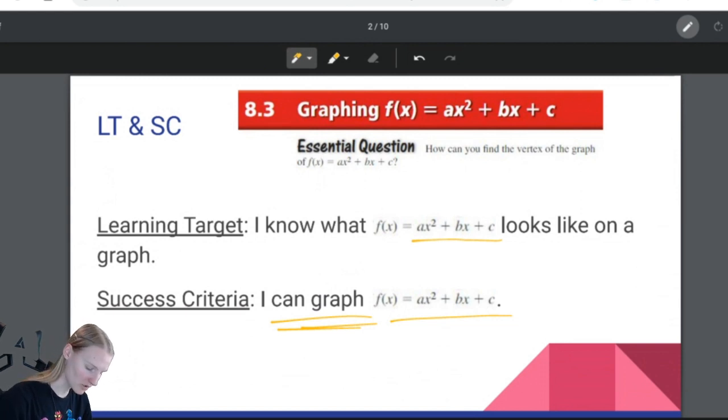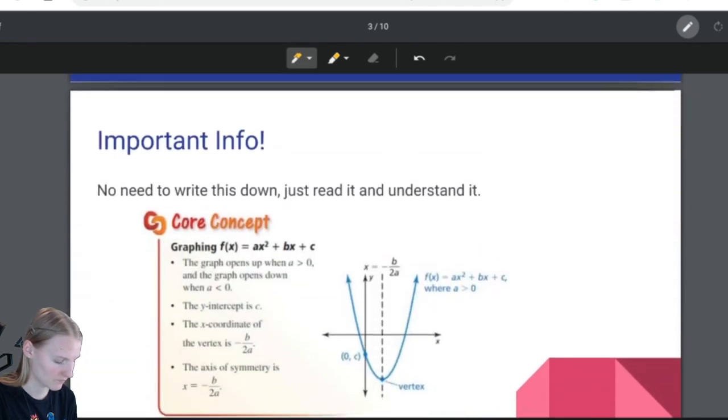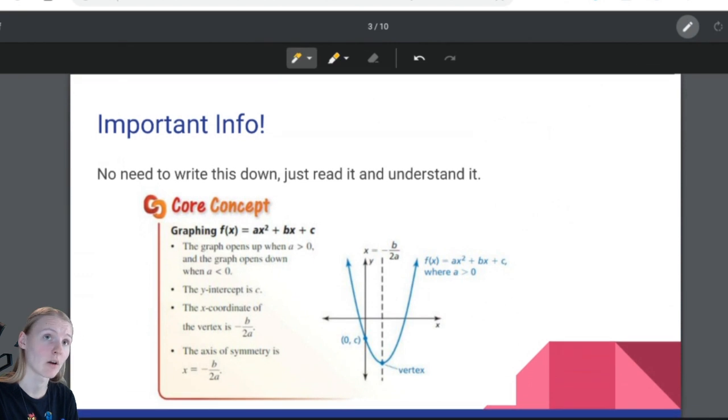So we started out small with ax squared, and then we tacked on the plus c, and now we're shoving the bx in the middle. So we've slowly been working up to this point, and now we have ax squared plus bx plus c. I know this might look scary, but with a little bit of information, it becomes not scary at all.